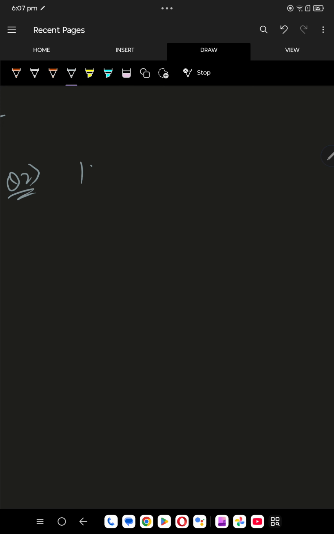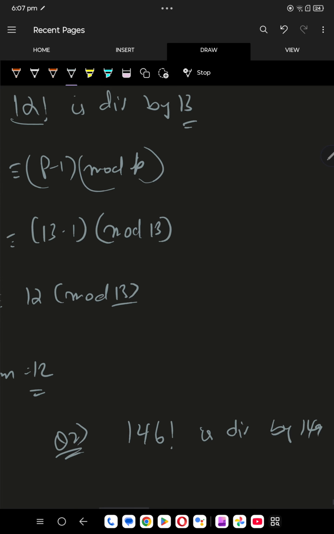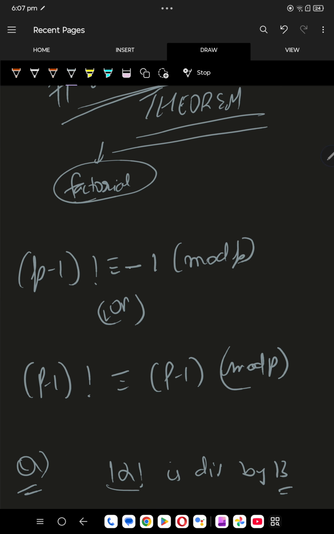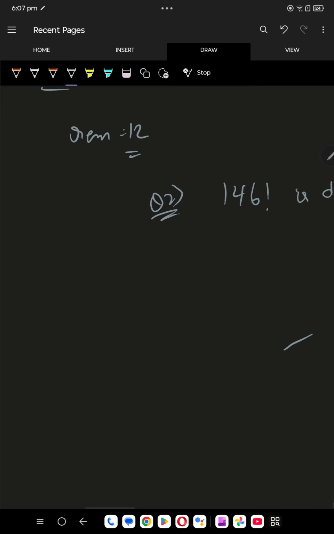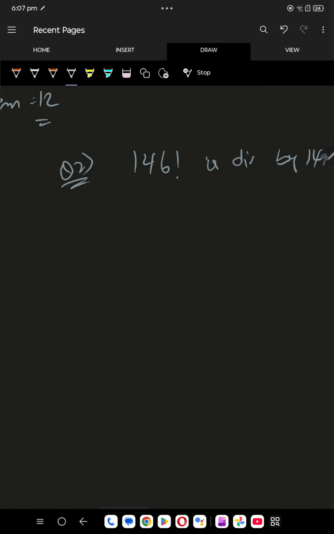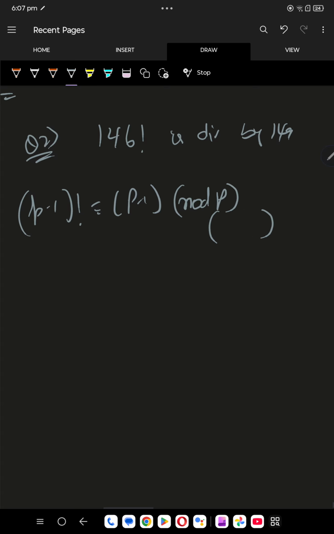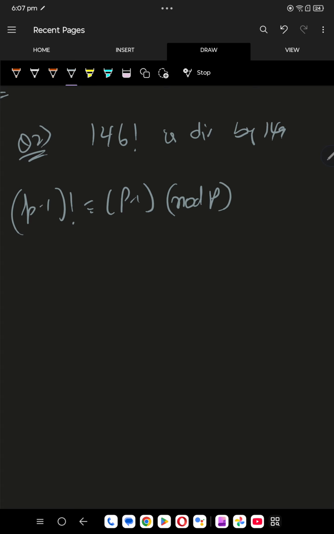Find the remainder when 146 factorial is divided by 149. Again, you can use any of the formulas. I'm going to try the second formula first. (p minus 1) factorial is congruent to p minus 1 mod p. Here p is 149, a prime number. So (149 minus 1) factorial is congruent to 149 minus 1 mod 149.